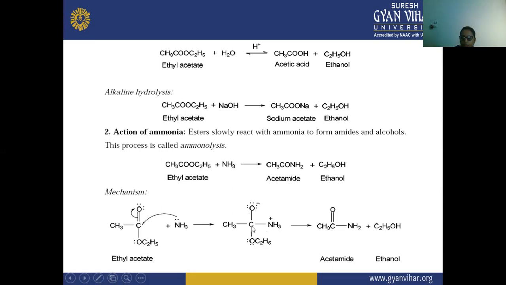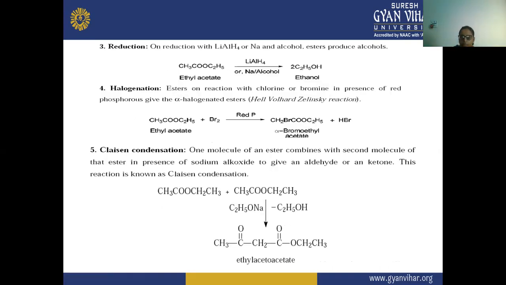The positive charge will come on this carbon. So this oxygen will again give its electron, sharing electrons with this carbon atom, and there is a formation of the double bond. And this OC2H5, which has the negative charge, will react with this proton that was removed from this ammonia, and there is a formation of acetamide plus ethanol.